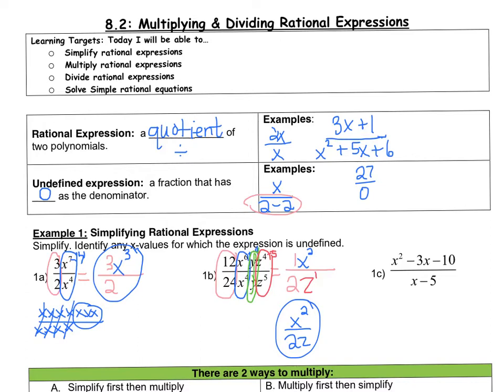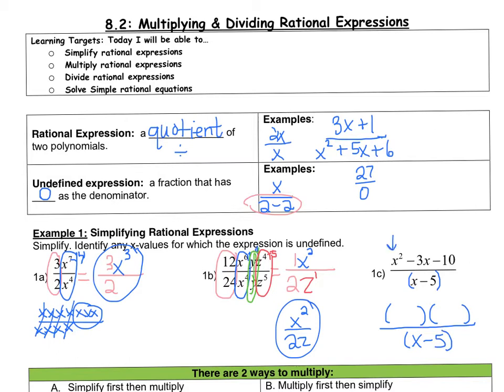On the last one, we need to deal with this a little bit differently because this x minus 5 is one whole quantity. So this factor doesn't match up with anything on the top because this is one big trinomial on top. But if we were to break the top into two factors, hopefully one of them being x minus 5, then we could perhaps cancel out the x minus 5 on the bottom.